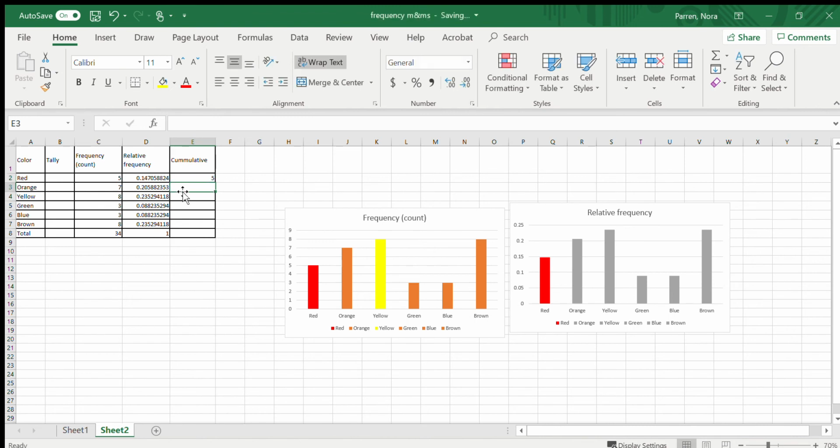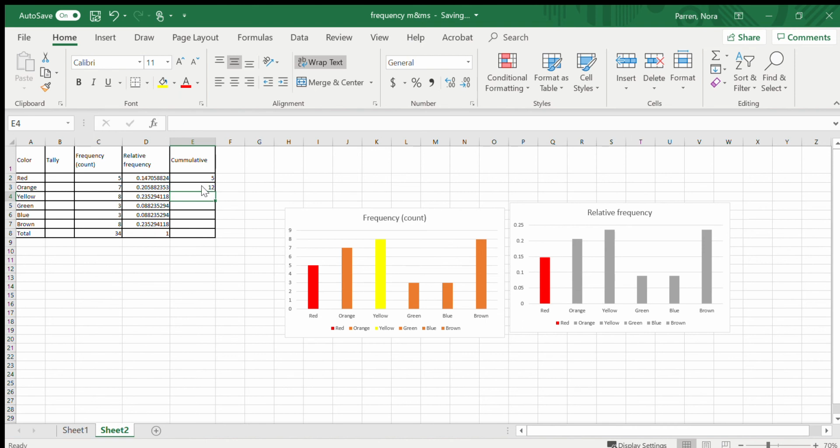And here I'm going to say equals this number 5 that I just put in. So that's E2 because it's in column E, row 2. And then I'm going to add column C, row 3, because that's how many orange ones we have. And when I click equal there, you'll see it comes to 12.